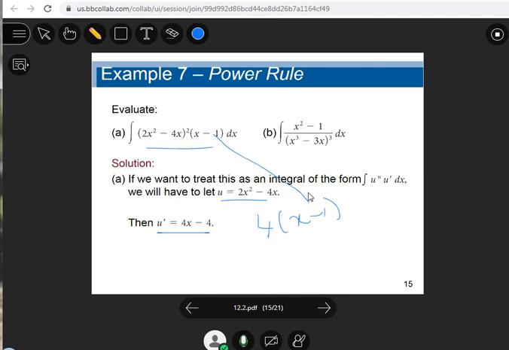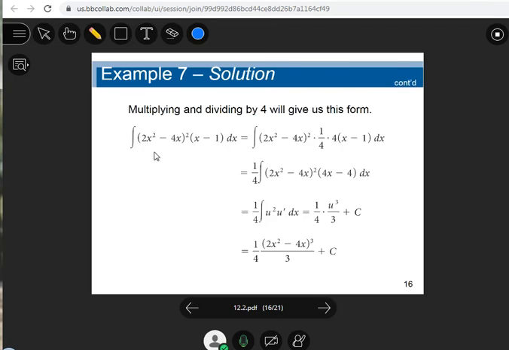So now you can create x minus 1 in here, so you can write like this way. This one you can convert like this way, then you know x minus 1 is the derivative of this 2x squared minus 4x. Then you can make this setup.